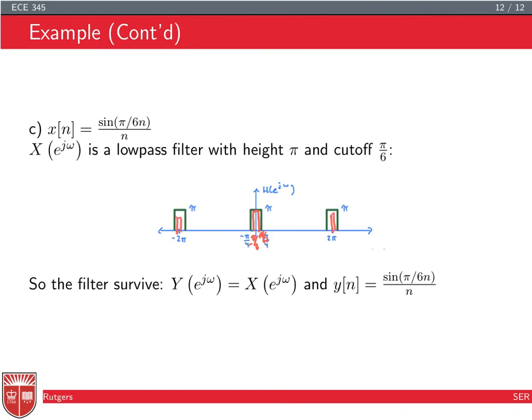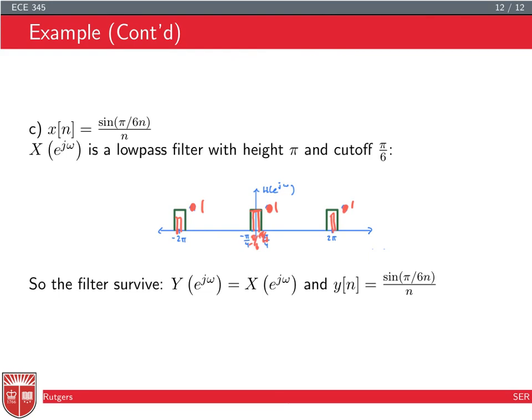So the whole signal is going to go through, in terms of frequencies, untouched, because for our low pass filter here the amplitude is pi. Actually, this is a typo. The amplitude is 1 here. If you go back to the given, we're given that the amplitude is 1.